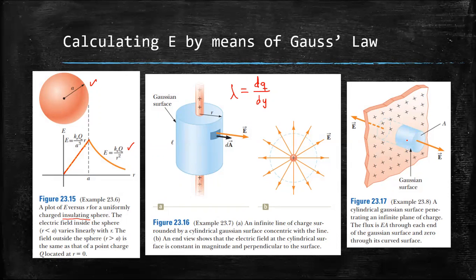So applying Gauss law, we can also figure out the electric field due to a surface distribution. Remember, we represented it with a sigma letter, and this was equal to dq over dA.